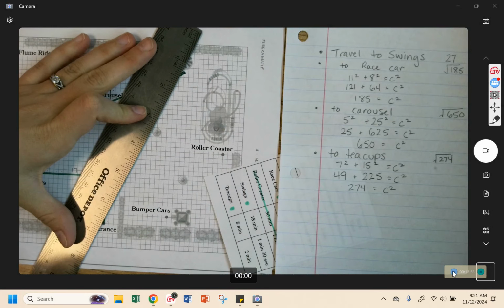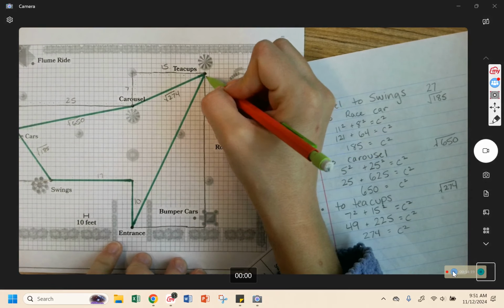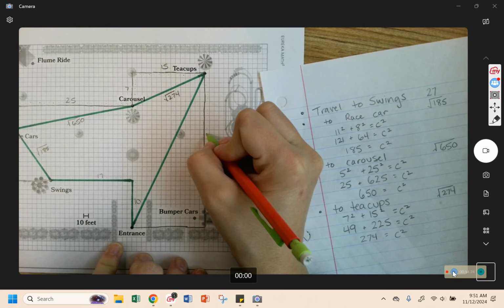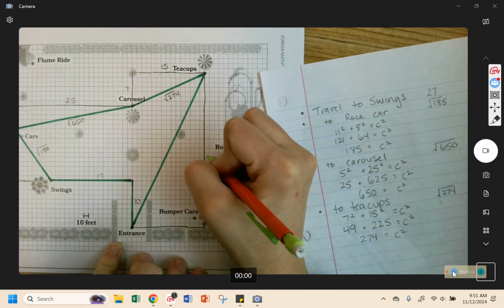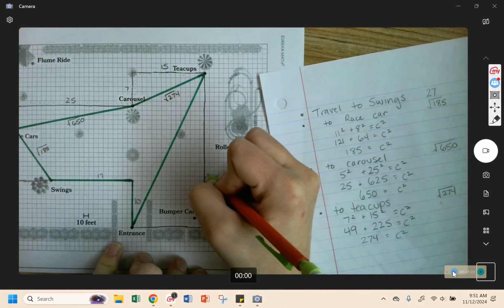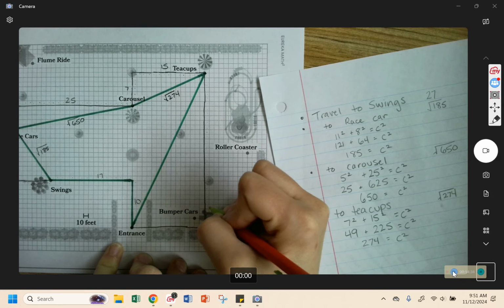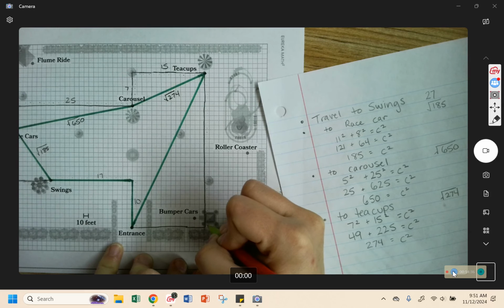This is going to create another right triangle on this one to calculate the length of that diagonal. Alright, let's see, 33 across.